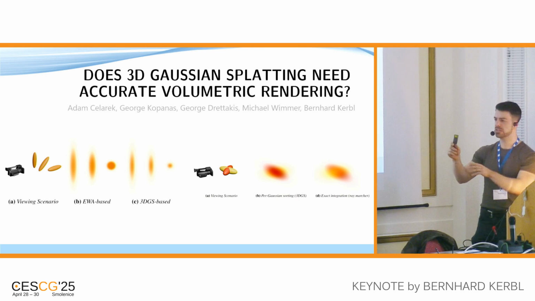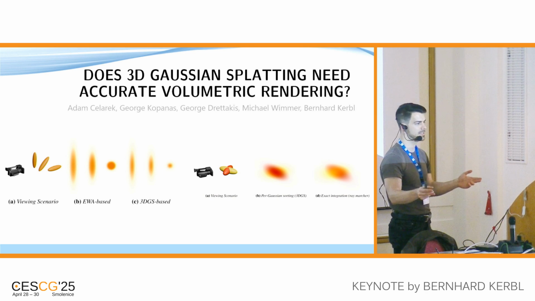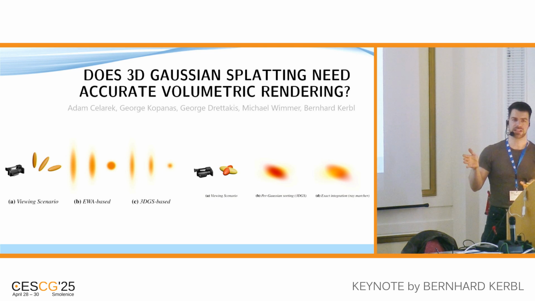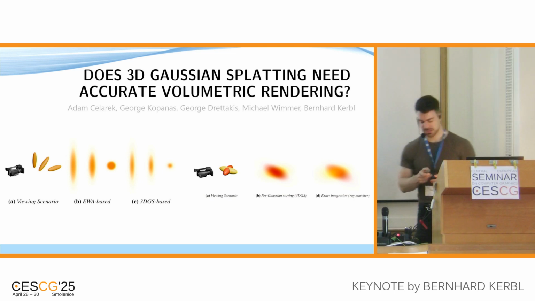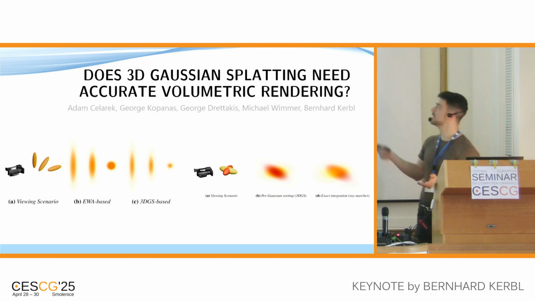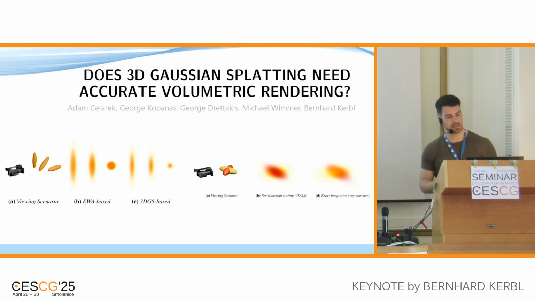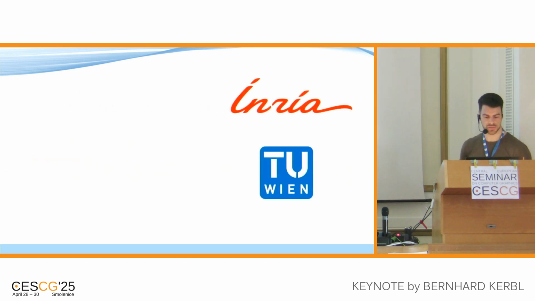And now, whether you look at a Gaussian through its thin side or through its thick side, it basically always, at its center, occludes the same amount of light, which physically doesn't make much sense. This is exactly what we addressed in this follow-up paper, "Does 3D Gaussian Splatting Actually Need Accurate Volumetric Rendering?", some nice work with TU Wien and in collaboration with INRIA, where we resolved this in great detail.